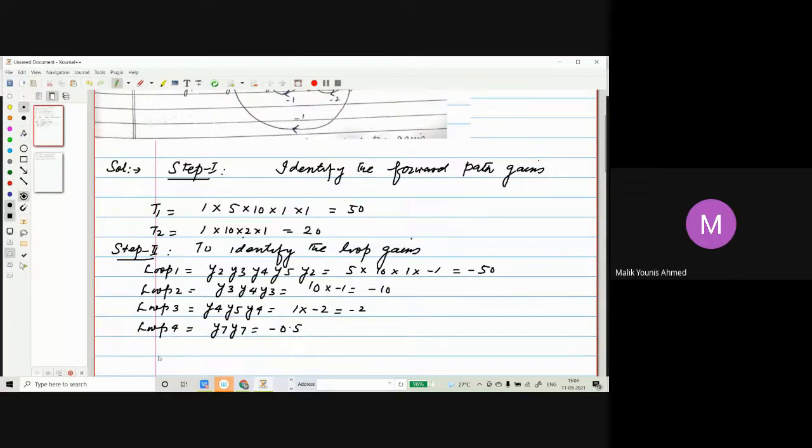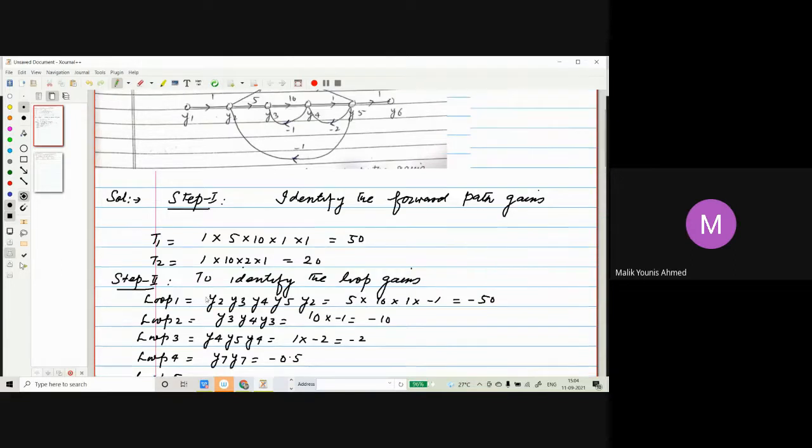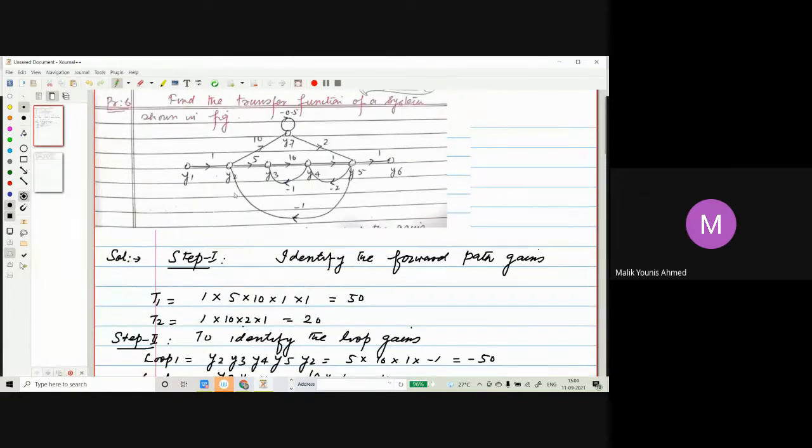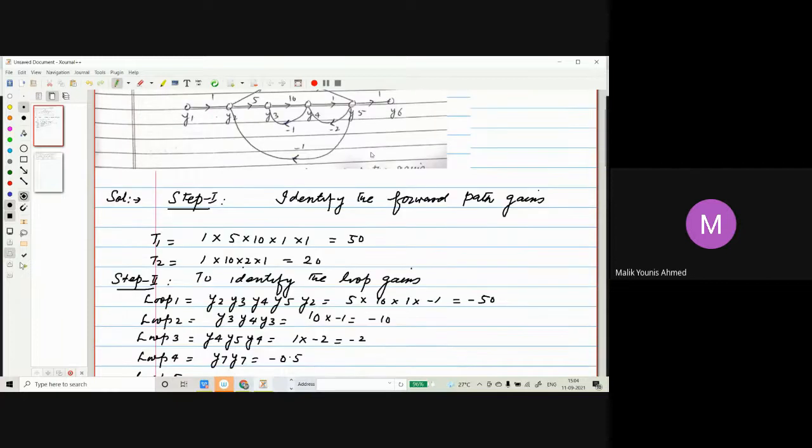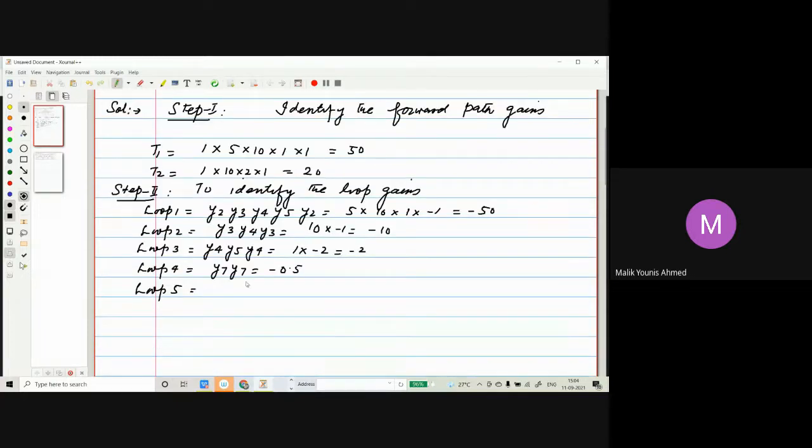Okay, loop number 5 will be y2, y7, y5, and back to y2.